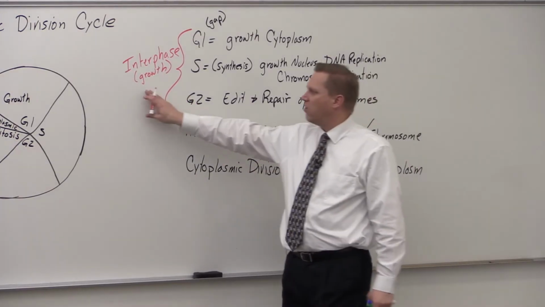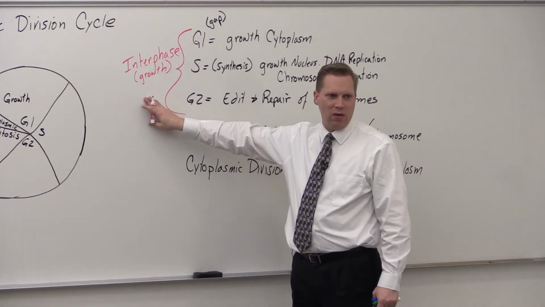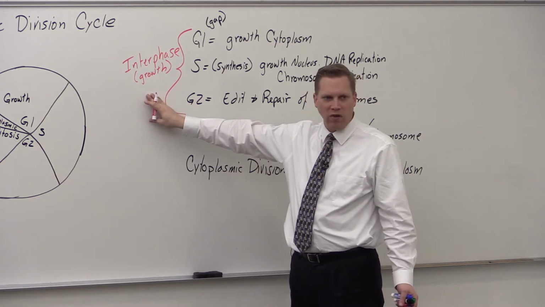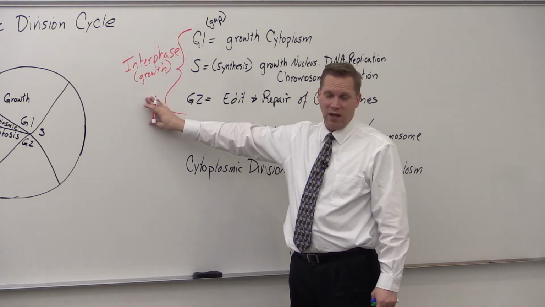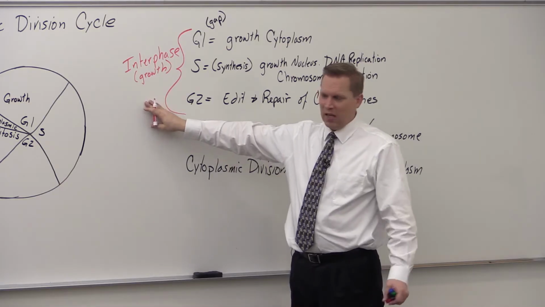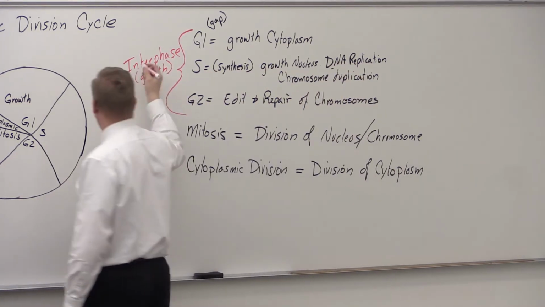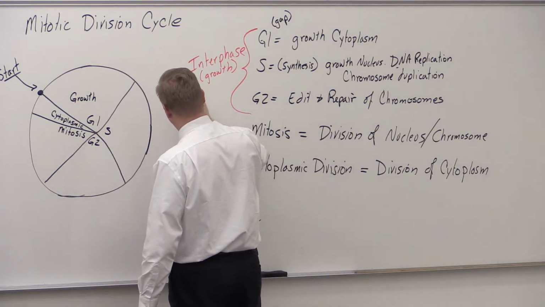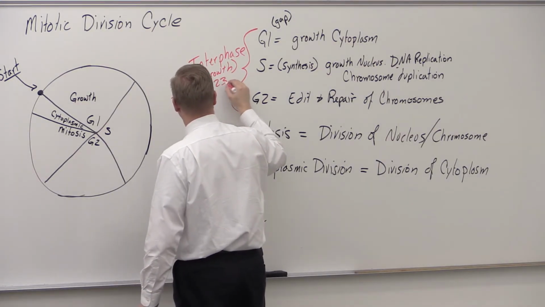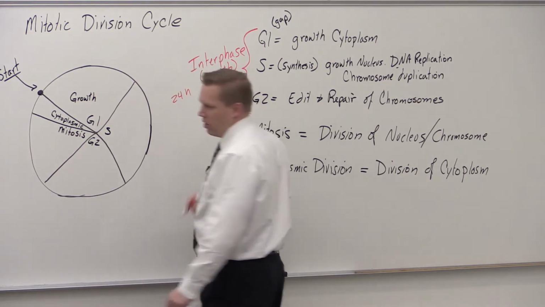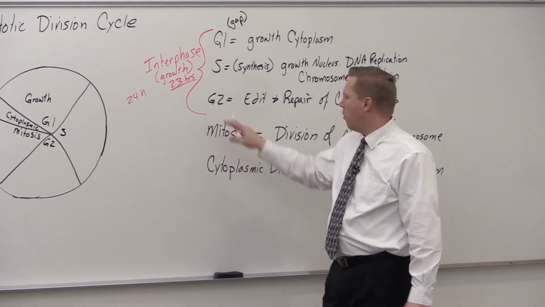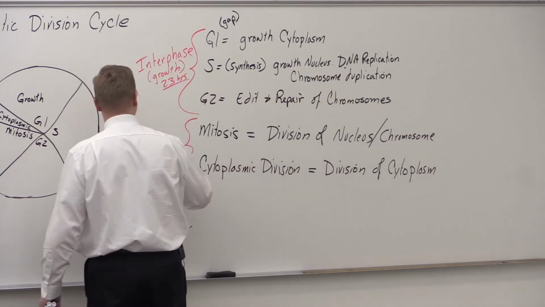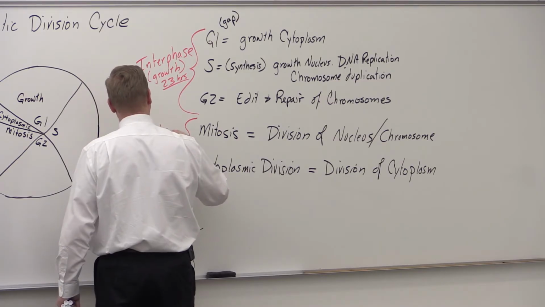This by far is the longer part of the cell cycle. Usually it represents about 3/4, sometimes as much as 23/24. A typical cell right here might spend, out of a 24-hour cycle, 23 hours here in interphase. And then the last hour will be spent in this next part, which is called M phase.